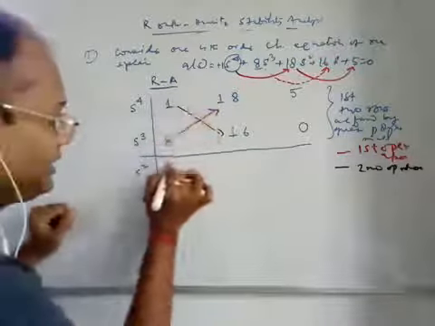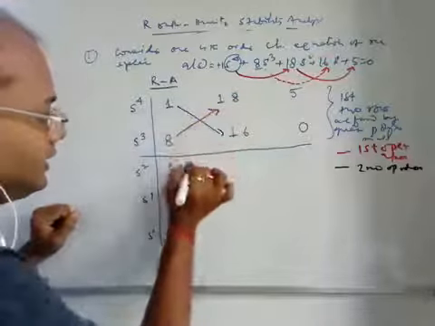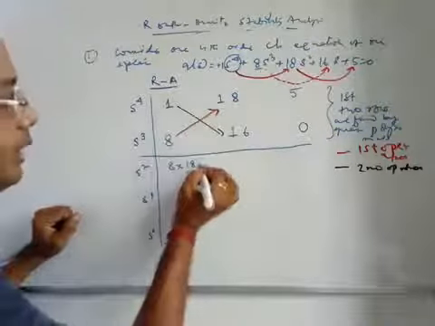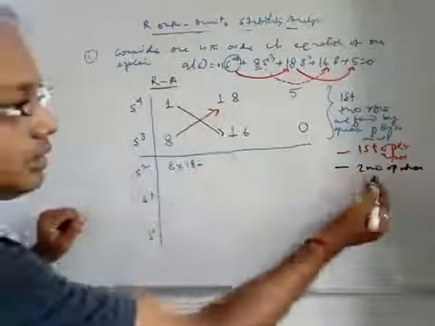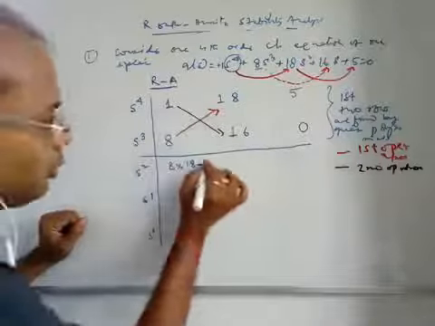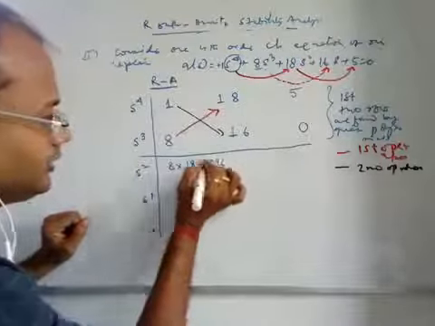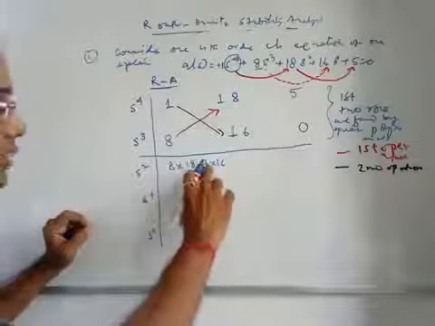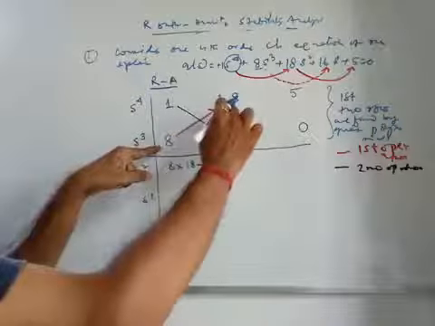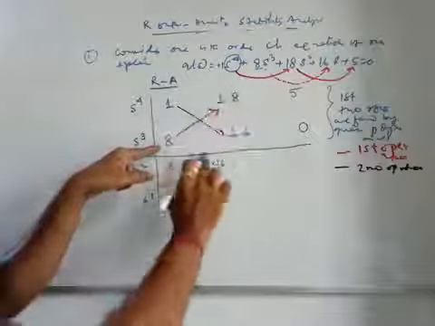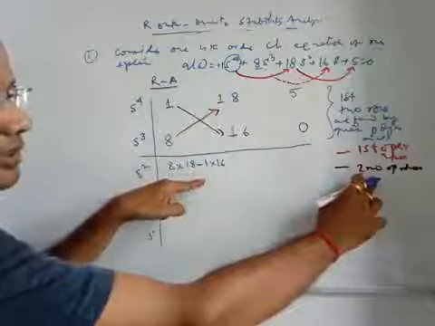That means 8 into 18. This is your first operation, minus the second operation. This is your second operation, 1 into 60. Right? So first operation means this 8 and this 18 are multiplied, minus the second operation, which is denoted by black.